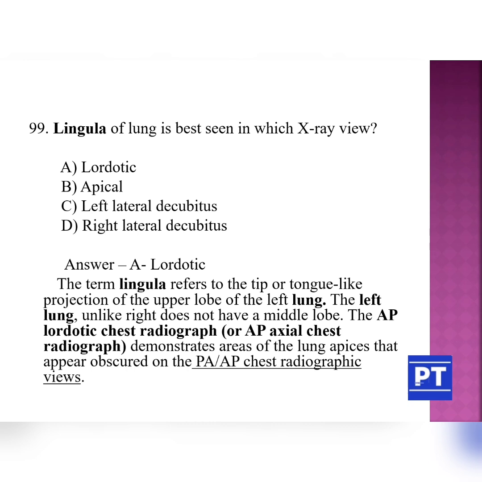The left lung, unlike the right, does not have a middle lobe. The AP lordotic chest radiograph, or AP axial chest radiograph, demonstrates the areas of the lung apices that appear obscured on PA and AP chest radiographic views.